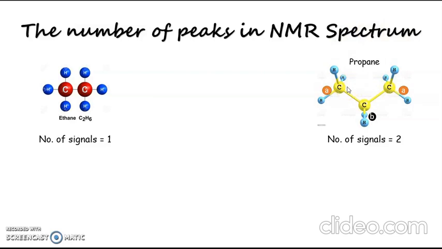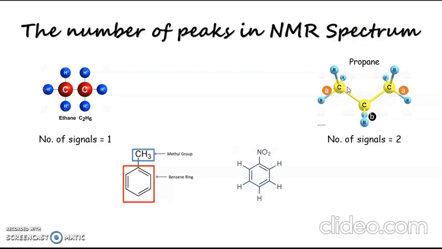Next, I am giving toluene and nitrobenzene. Both are aromatic compounds. Theoretically, there are 3 kinds of aromatic protons, you know, ortho, meta, and para for each of these structures.